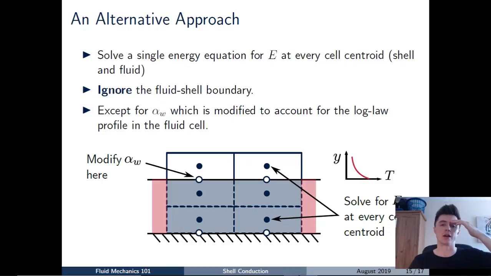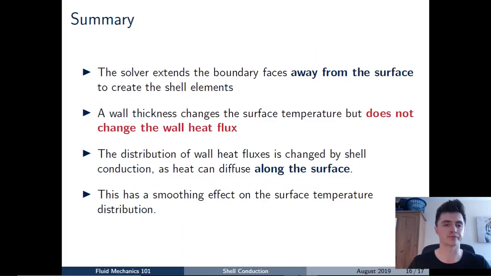And the way we do that, same as before, is by modifying the near wall thermal diffusivity alpha W. So the combined approach and the sequential approach can both account for shell conduction and the logarithmic profile in the wall adjacent cell.